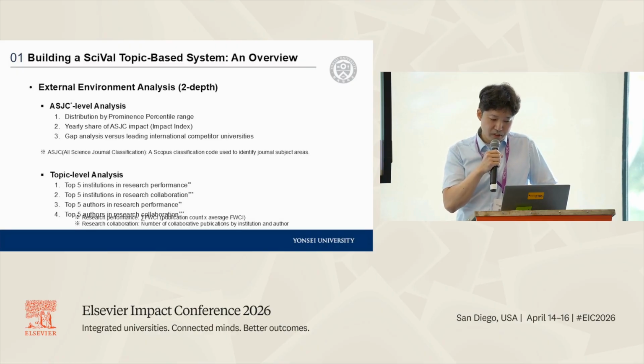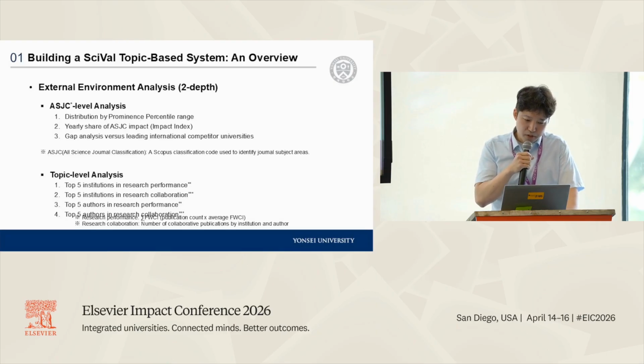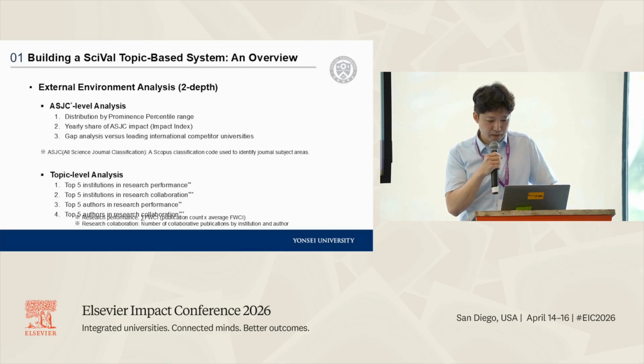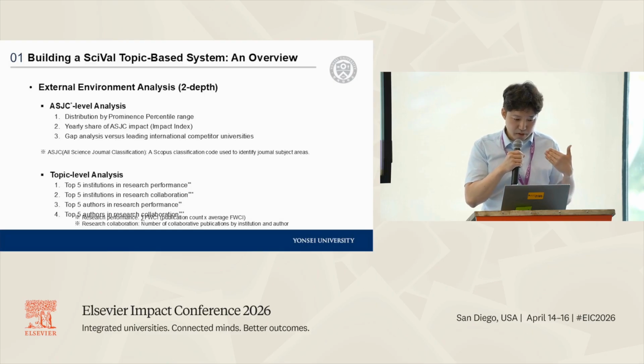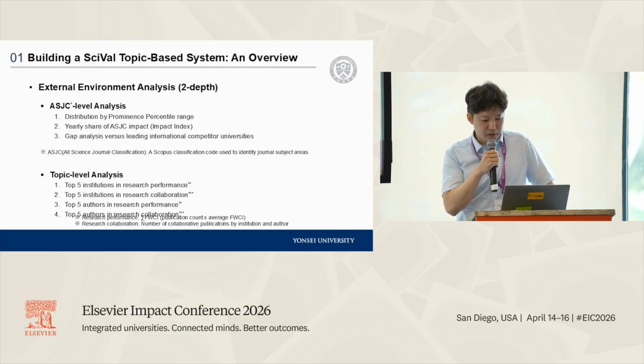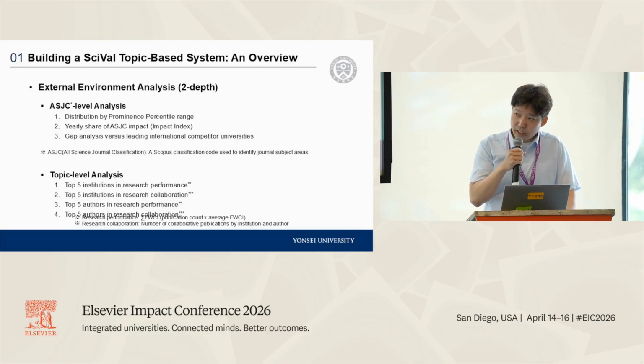And I also developed a custom impact index to visualize the yearly share of ASJC impact. And finally, I utilized line charts and graph charts to conduct a gap analysis versus leading international competitive universities, specifically focusing on FWCI and scholarly output.